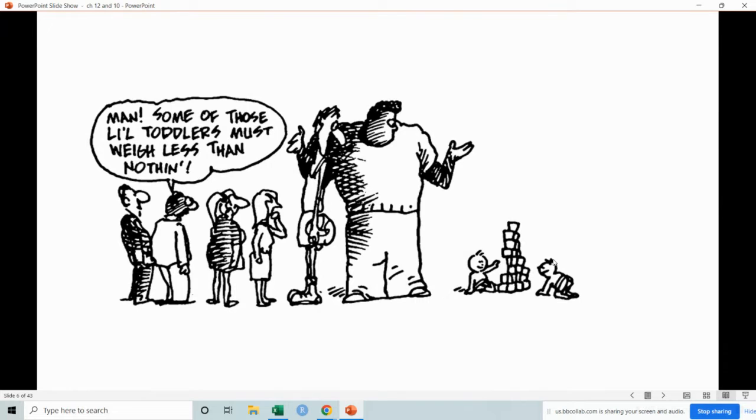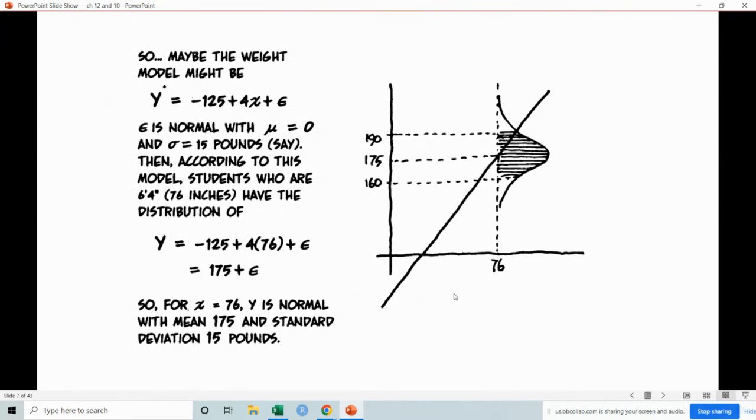One possible problem is some of those little toddlers must weigh less than nothing, right? So what do we do about instances when values are below 0, especially in an applied world like height and weight? Maybe the weight model might be y equals -125 plus 4x plus the error term.